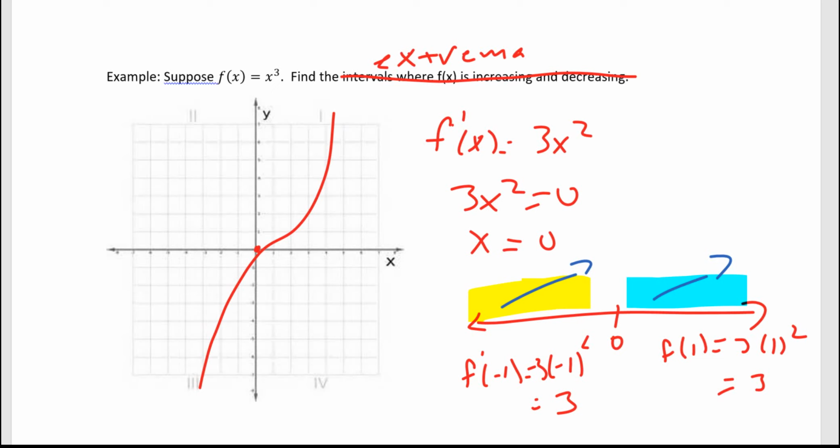That tells me, since it doesn't change, no local min or max. Okay, so there's an example where the derivative equals 0, but on either side it stays the same. Even if it's both decreasing, still no min or max. So our first derivative test says that the sign of the derivative has to change to get your min or max.